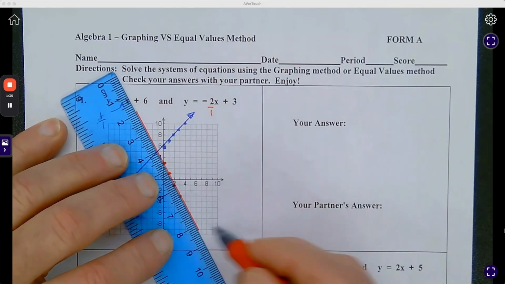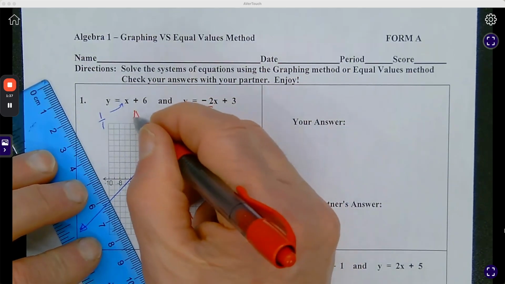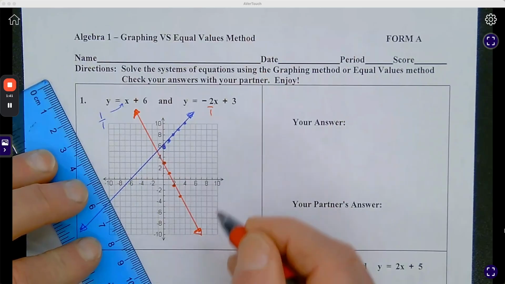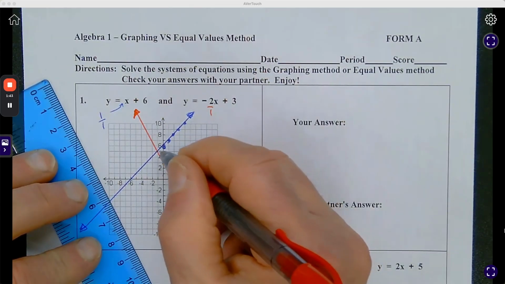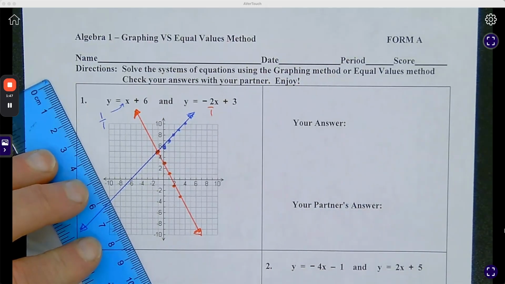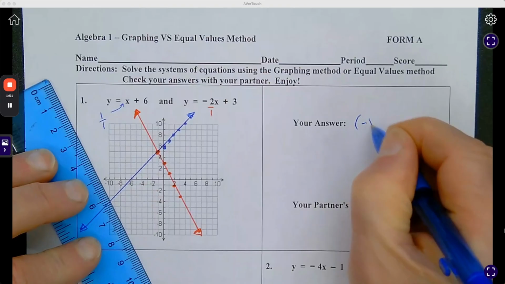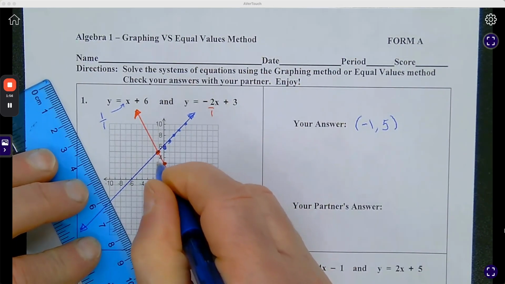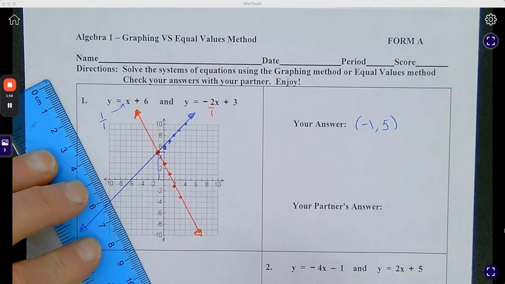I think we got us a point of intersection. That point of intersection looks to be negative 1 comma 5. So my answer is negative 1 comma 5, right? The x is negative 1, the y is 5.